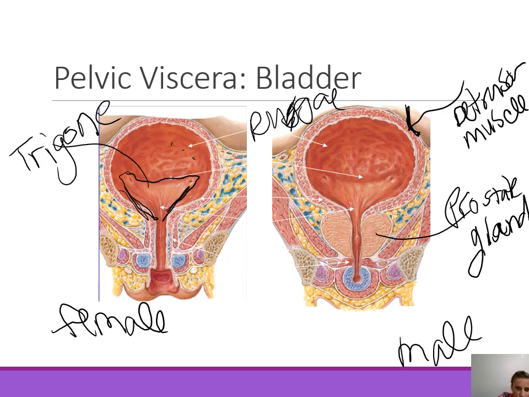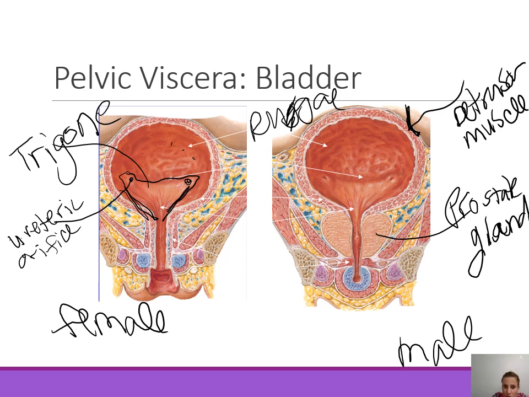These top two little holes, these openings right here, those are the ureteric orifices. The openings where the ureters empty into the bladder.